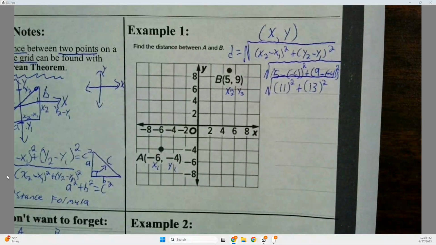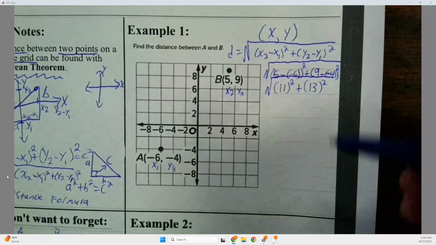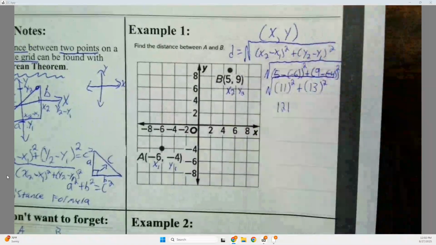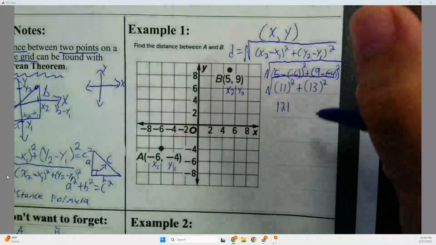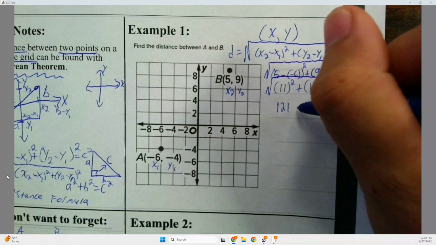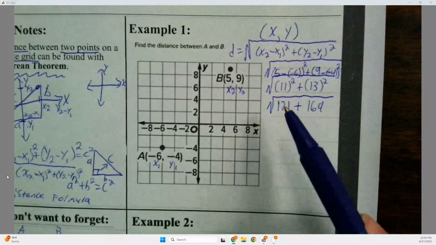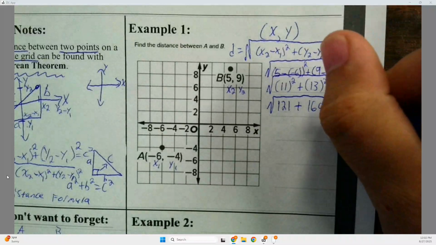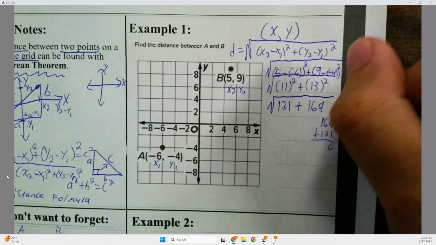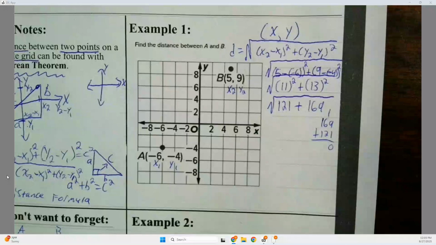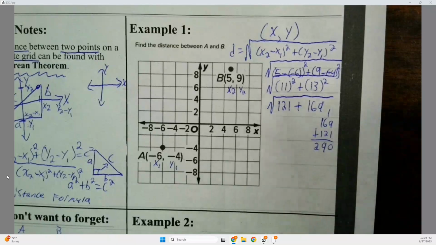11 squared, that's just the same thing as 11 times 11. And you're welcome to use a calculator on that part. You're going to get 121. And then 13 times 13, same situation, it's going to be 169. I add the two and take the square root. So 121 plus 169, I'm going to add those. 9 plus 1 is 10, I'm going to bring up the 1. 6 plus 2 is 8, plus 1 is 9, 1 plus 1 is 2.